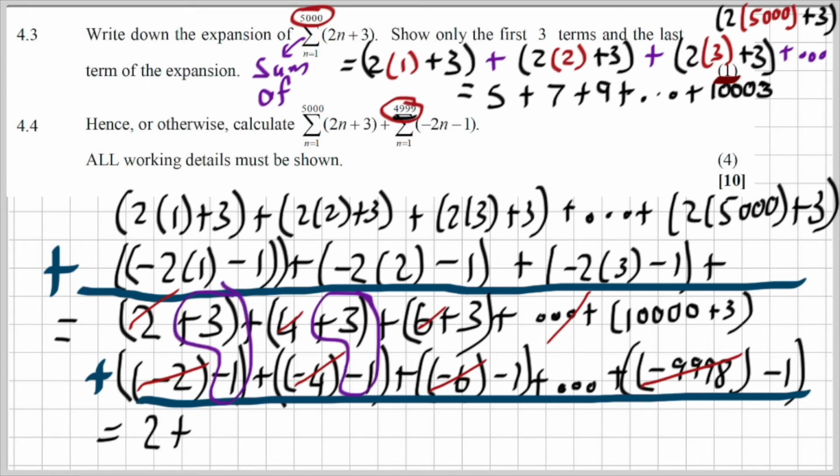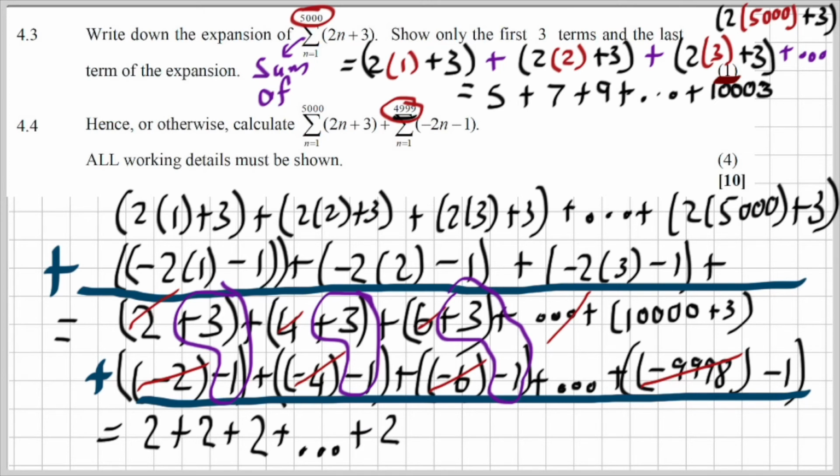I'm going to have a 3 minus 1 for my first term. Oh, look at the second brackets. 3 minus 1, so there's a 2 as well. What about the third brackets? Oh, so there's again going to be a 3 minus 1. Oh my goodness, there is like 4,998 2's there.